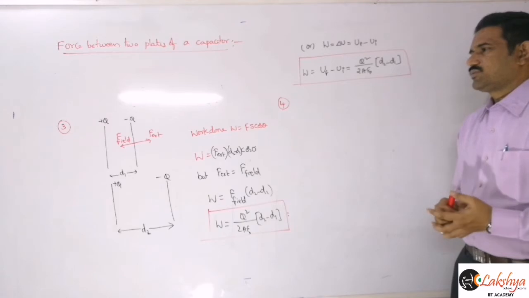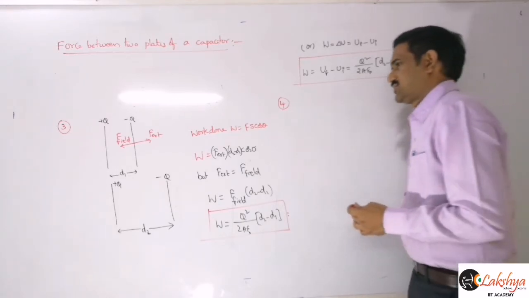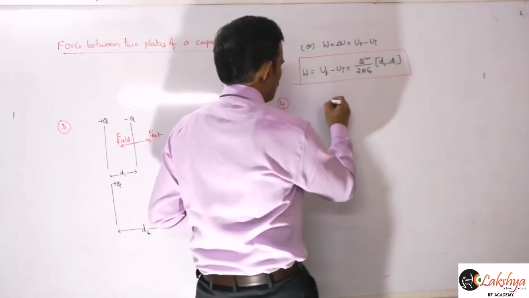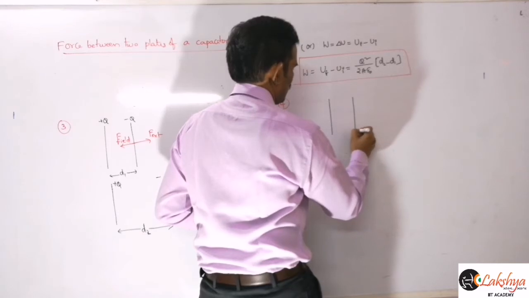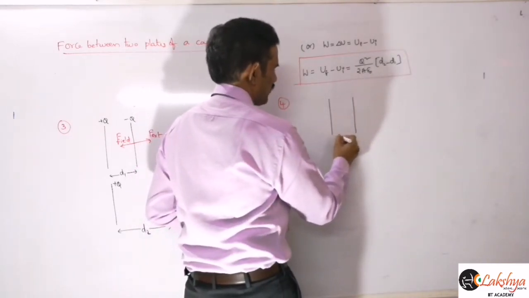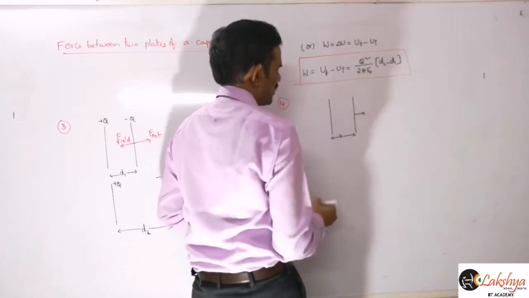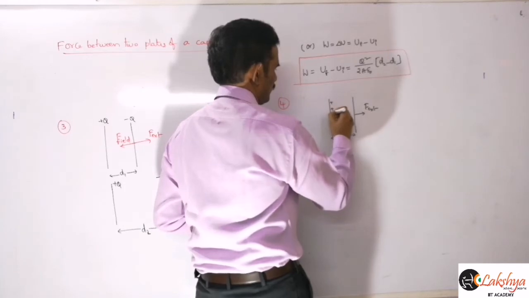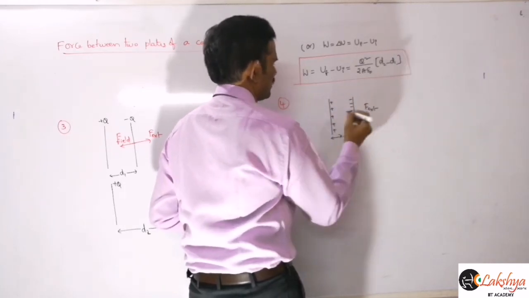So now let us see the case where the potential difference remains constant and we are increasing the separation. Suppose the plates are at a distance of x at any instant, and we are pulling one by applying some external force. This is the positively charged plate and this is the negatively charged plate.